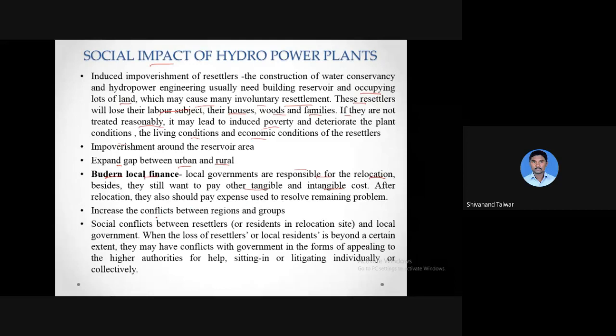Then there will be an increase in the conflicts between regions and groups. Then social conflicts will be between resettlers and local government. We see strikes happening when a new dam or thermal power plant is being built. Due to which there will be conflicts.